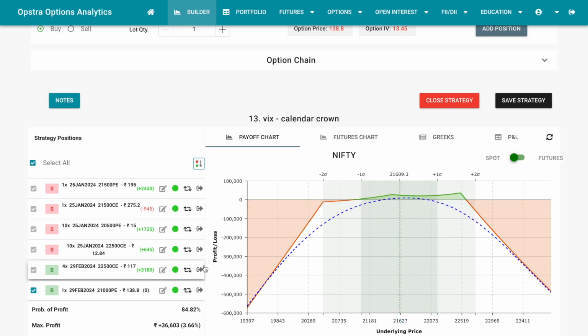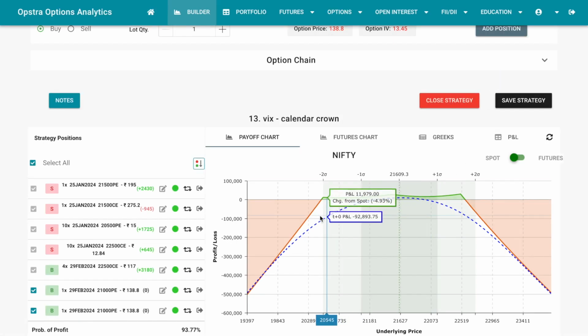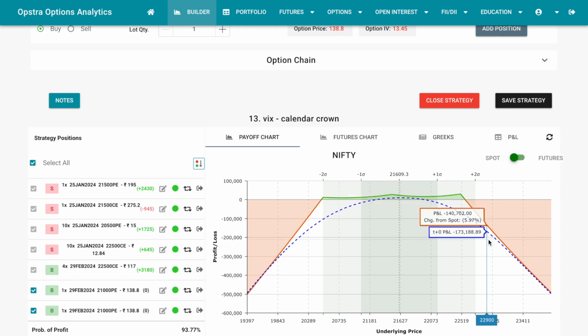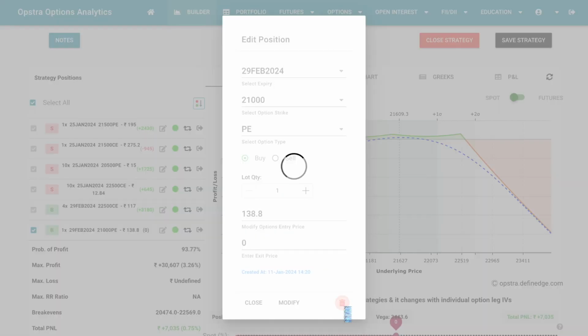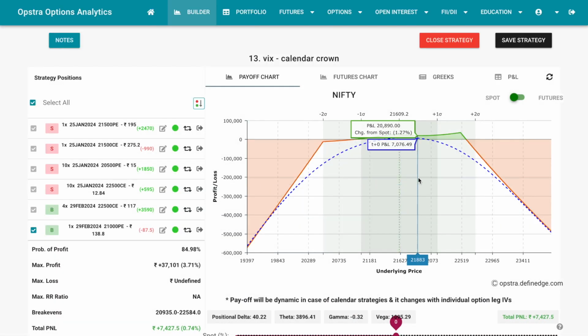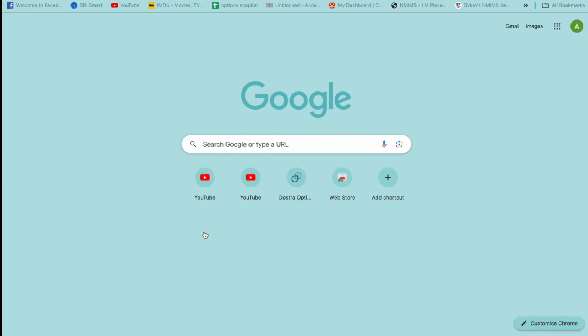Now if we add this one and we add another lot, see this directly in two lots, this will directly go upwards. And it will be the same position as it was earlier. What we want right now is basically just to buy one PE and leave it for safety purposes.